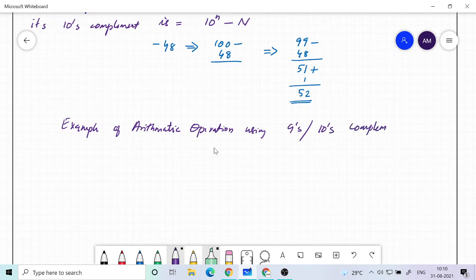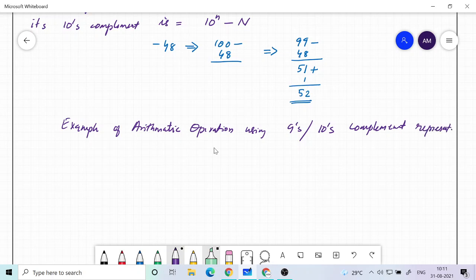Sign magnitude form, I already told you how to do. If different signs are involved while adding, and all subtraction you can think of as adding a negative number, you have to first compare the numbers and find which one is larger, then subtract the smaller one from the larger one, and then put the sign of the larger number. So, an example of arithmetic operation using 9's and 10's complement representation.